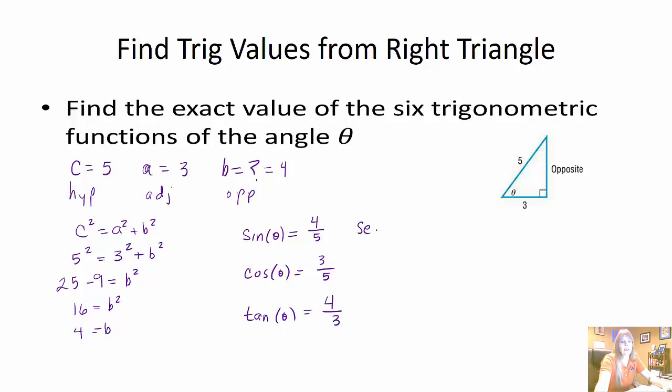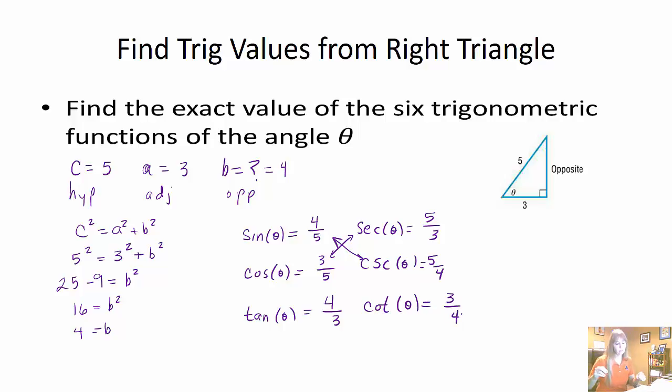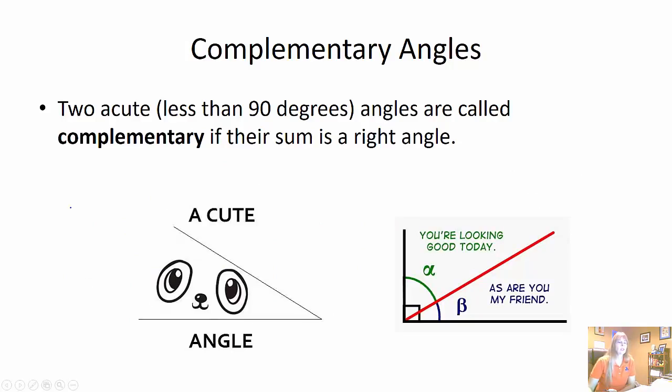Secant, I flip the cosine. I wrote it up there just to mess with you. Cosecant is where I flip the sine. And finally cotangent is where I flip the tangent. Easy enough, right? Okay, let's continue on.